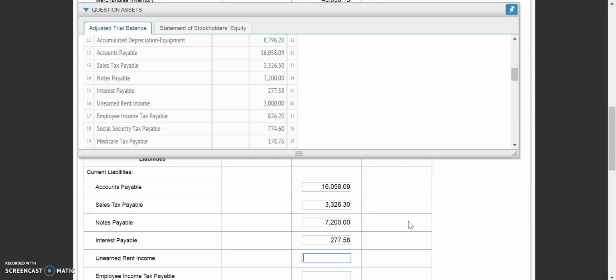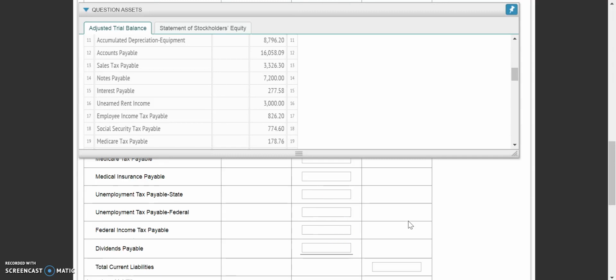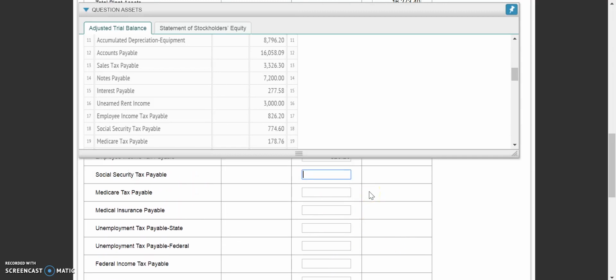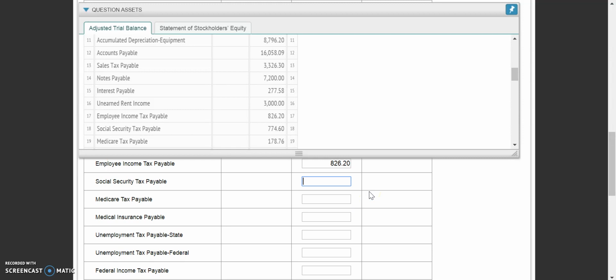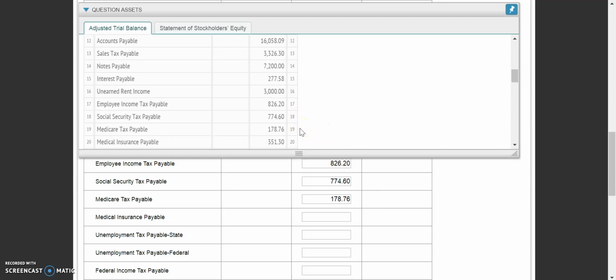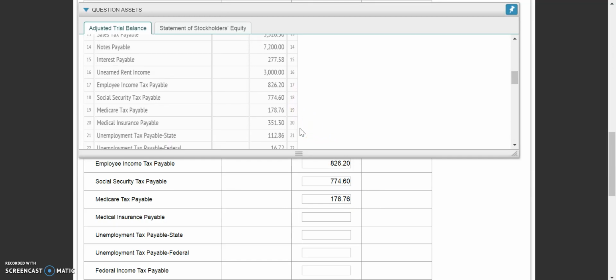Unearned rent income, again, is a liability which has a balance of $3,000. Employee income tax payable is $826.20. Oops. Social Security payable $774.60. Medicare is $178.76. And again, I'm getting all of this information from our adjusted trial balance.